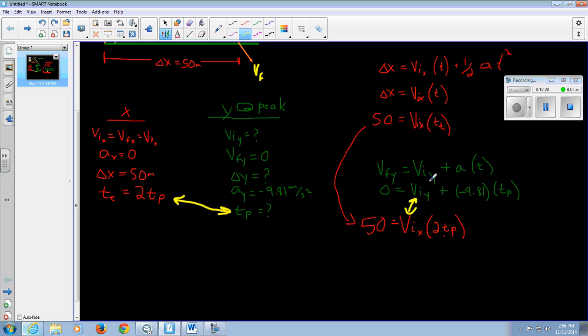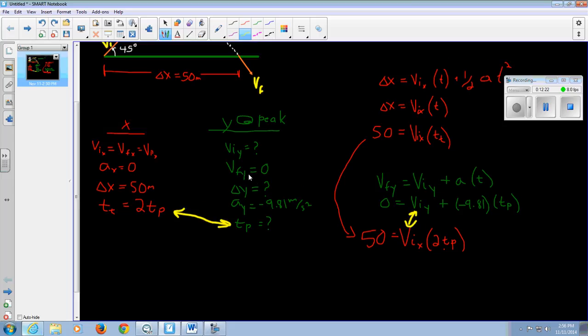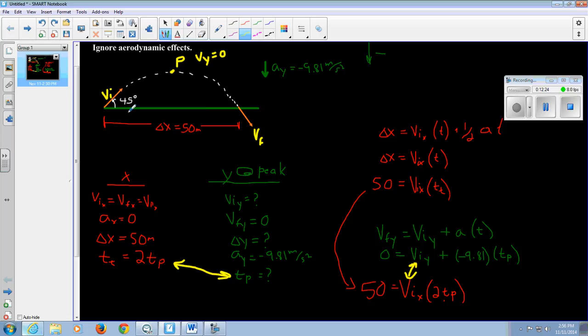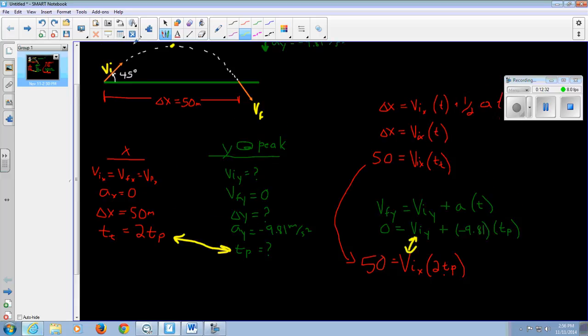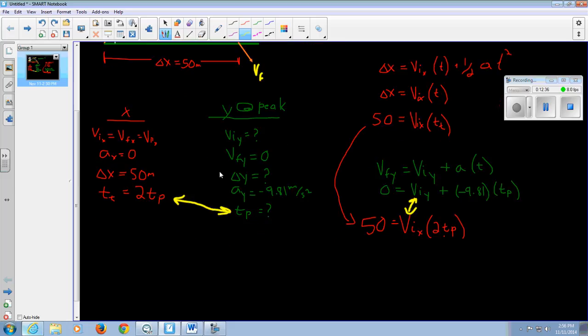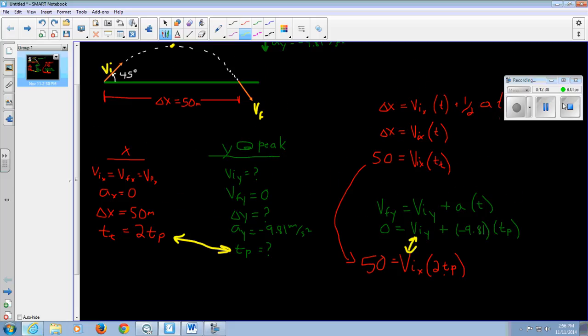So now I've got to somehow relate these two. And that's where trig is going to come into play, and that's where our angle is going to come into play. Okay? I know the following 2 formulas in terms of the initial velocity and the launch angle. And those equations are as follows.